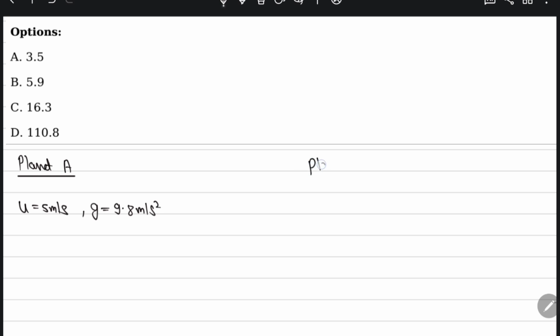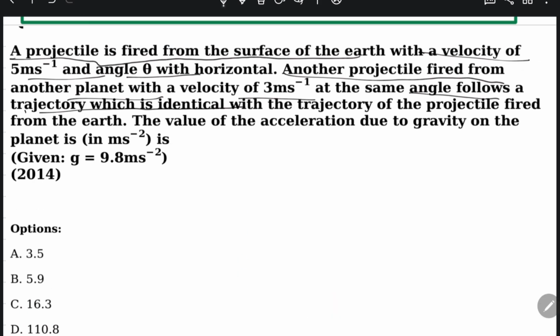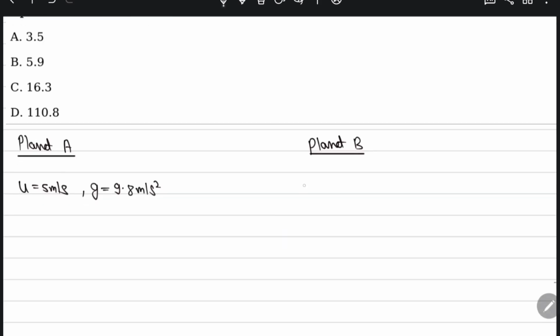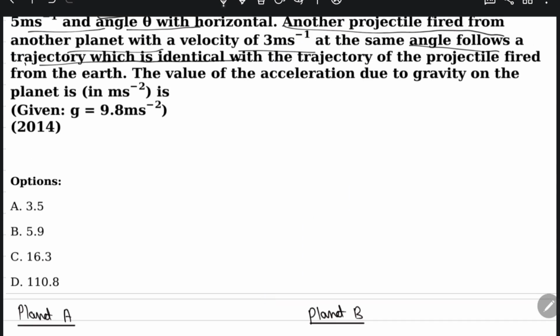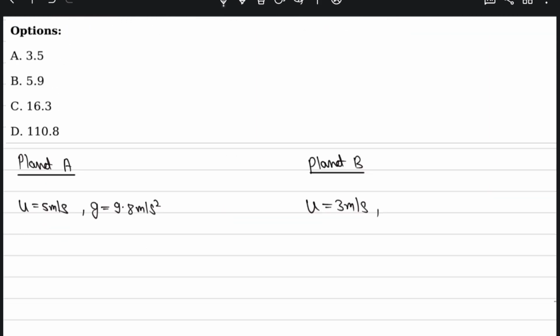And in planet B, another projectile is fired with an initial velocity of 3 meter per second at the same angle, and it follows a trajectory identical with the trajectory of the projectile fired from the earth. Then what is the acceleration due to gravity in this planet?